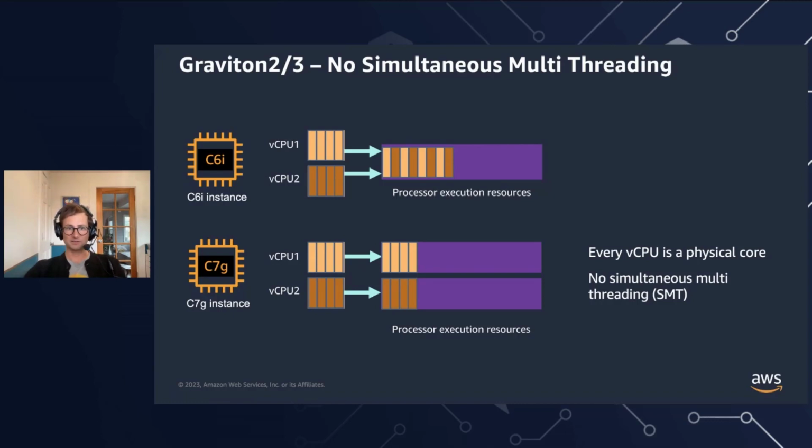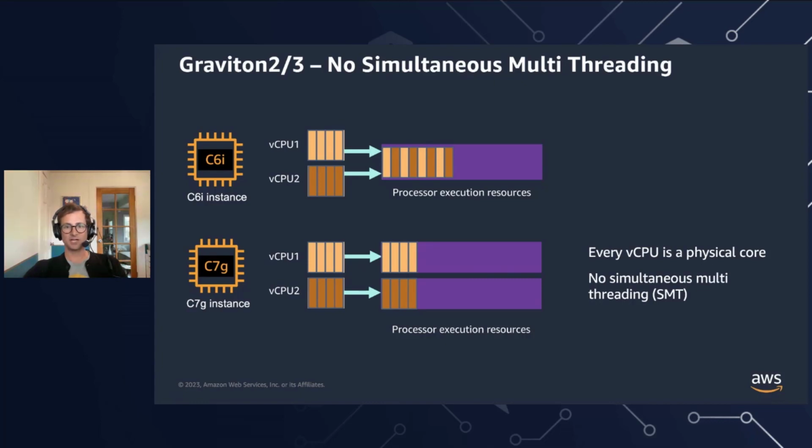On Graviton-based instances, on the contrary, we've chosen a different design. No simultaneous multi-threading. Every physical core is smaller, but we have more of them, roughly twice the number of them. And each of the vCPUs is mapped to a physical core.